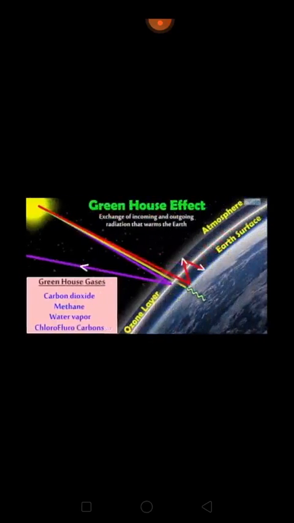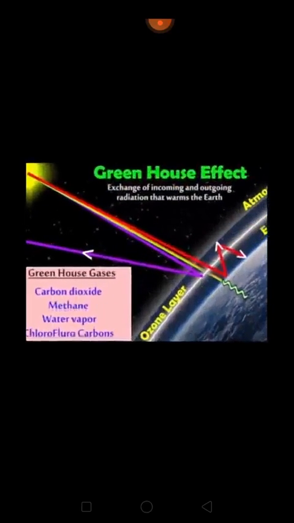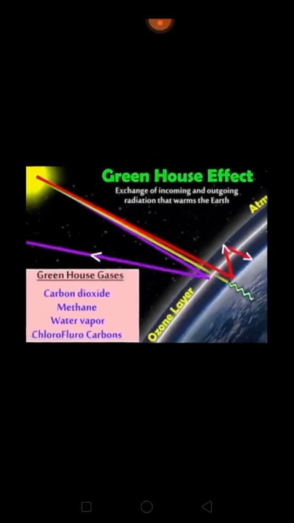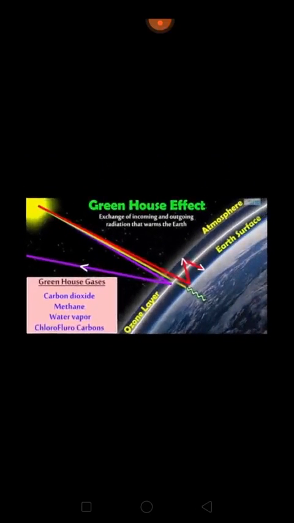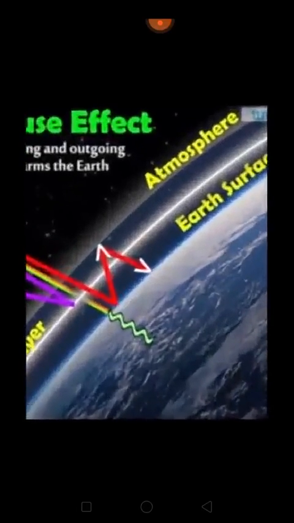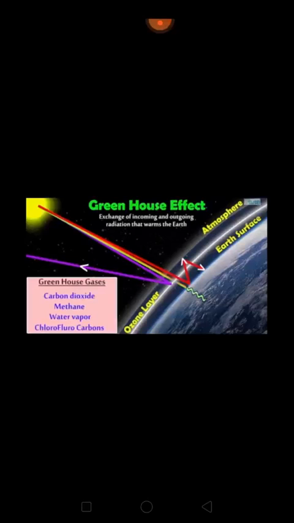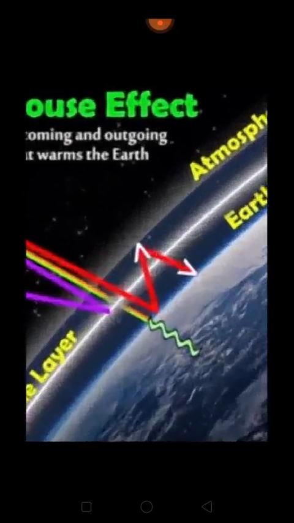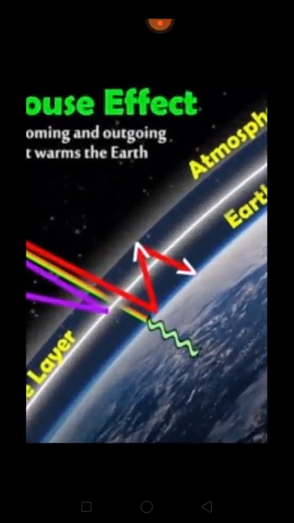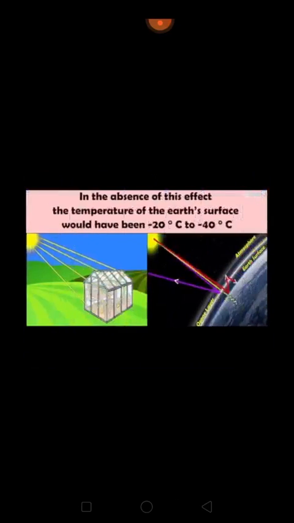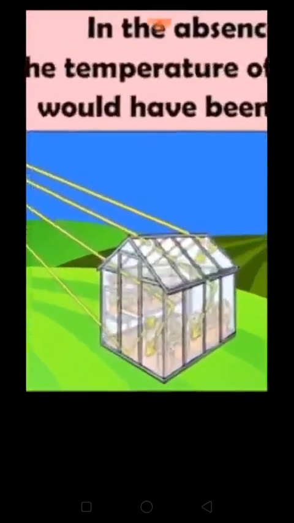But now over here, listen. Carbon dioxide, methane, water vapor and chlorofluorocarbon are gaseous molecules which are present in the atmosphere in large amounts. When they are present, what do they do? They trap the solar radiation which was supposed to escape the atmosphere. They trap it inside the earth again and create an effect which is known as the greenhouse effect.